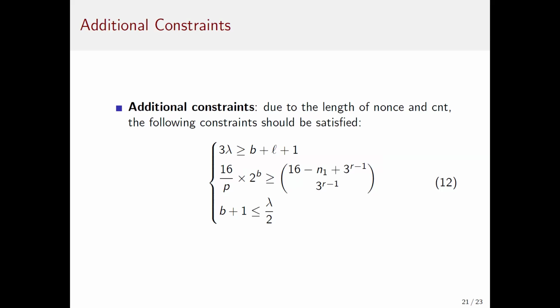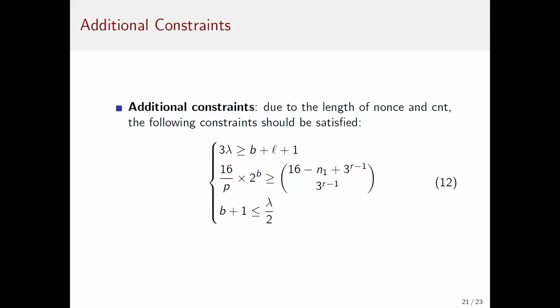But remember that there are some additional constraints. The first constraint states that we need 2 to the b collisions of the output of an XOF, and the input of the XOF is 3 lambda by 2. So to get so many collisions, we have this first constraint.